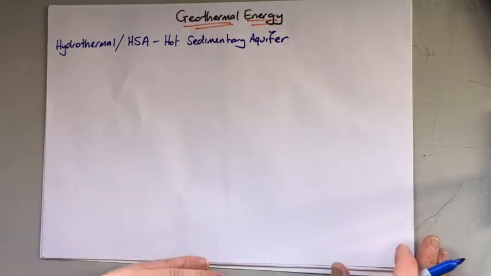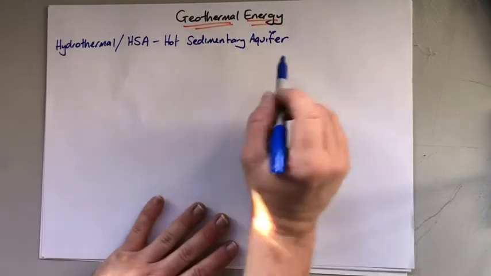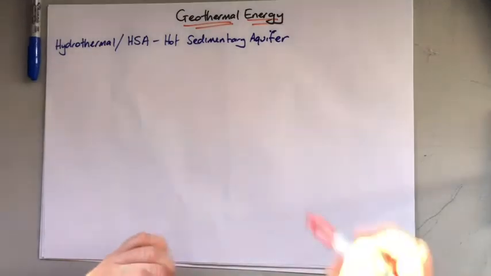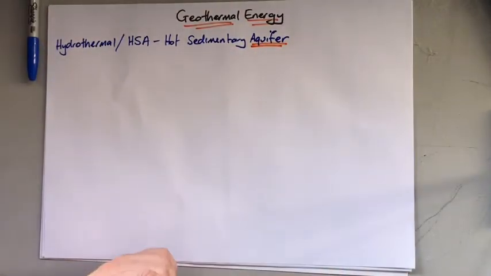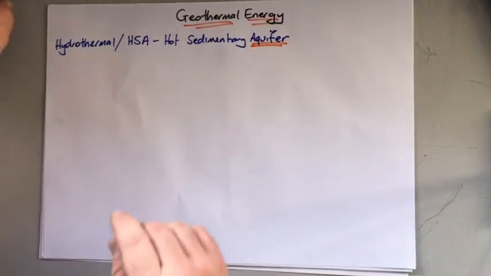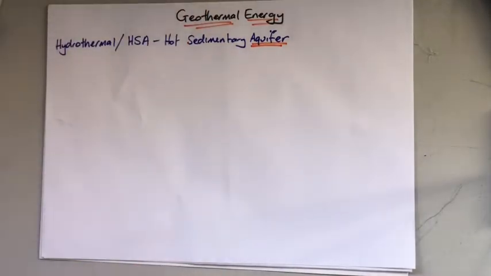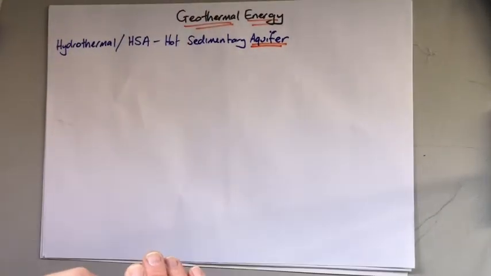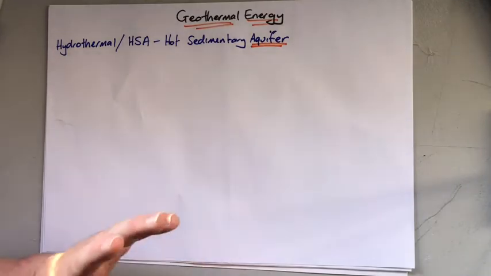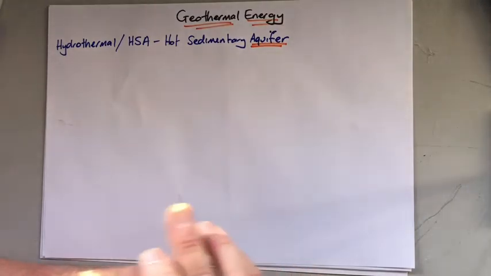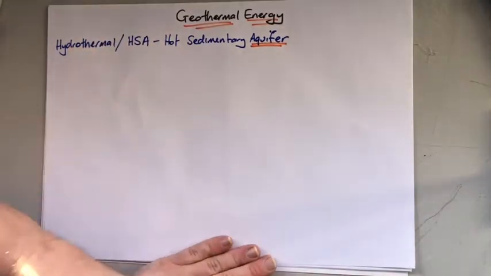So if we're thinking about a hot sedimentary aquifer, we've got to define our key word here, and that is an aquifer. An aquifer is a porous rock, a rock that allows water to flow through it. I shouldn't say porous, I should say a permeable rock.